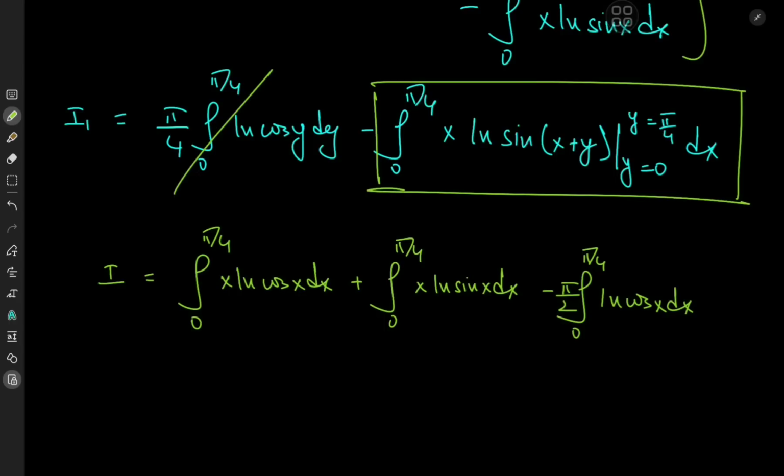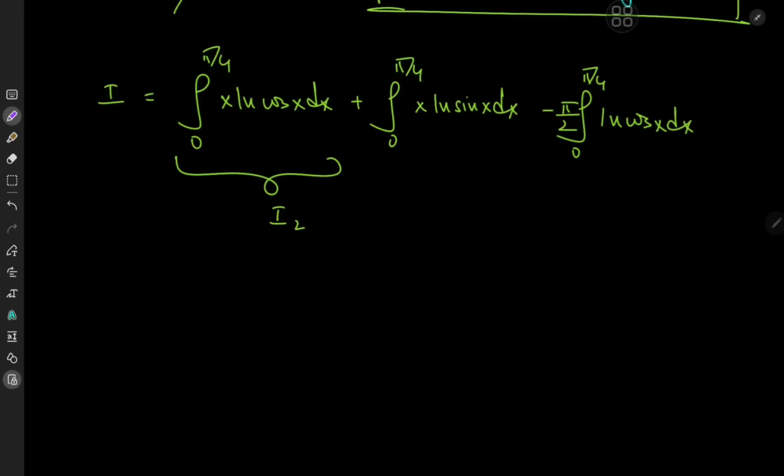Well, they all have a very similar solution development and pretty much the exact same strategy. So I'm just going to solve this one here that I'm going to call, for reference purposes, I sub 2. And to solve these integrals, we're going to make use of a very cool infinite series expansion. Well, there are a couple of them, actually, one for the sine and one for the cosine functions. Specifically, they're logarithms.